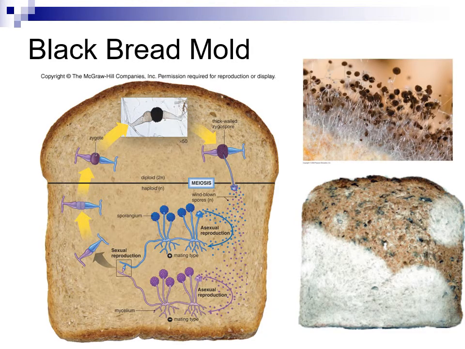So just another picture. So all the white here would just be hyphae. And as it begins to reproduce, then you're going to see the black, which would be the spores that are produced from the hyphae on that black bread mold.